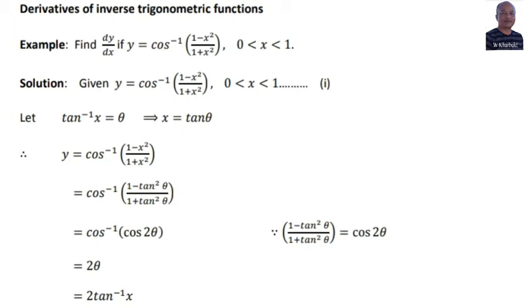And after you have done that, then y will be equal to 2 times tan inverse x, and that is in the simplest form, and you can easily find the derivative of 2 times tan inverse x.